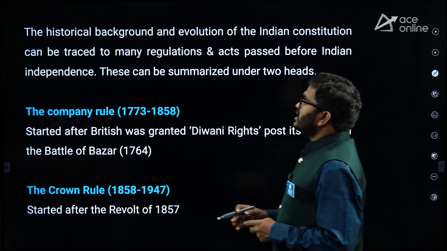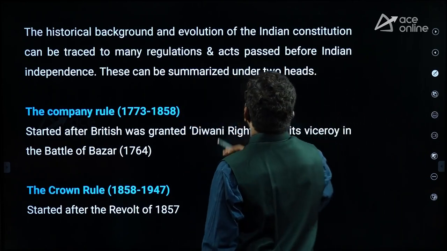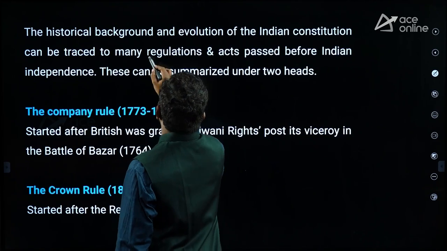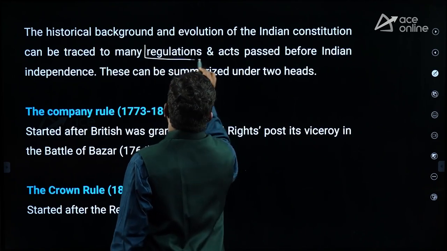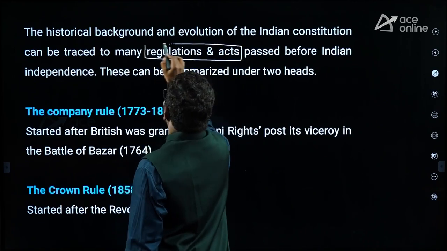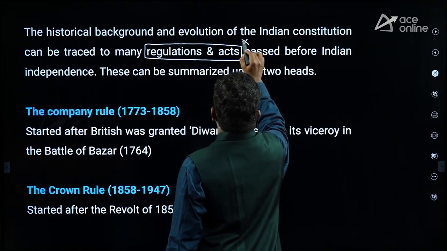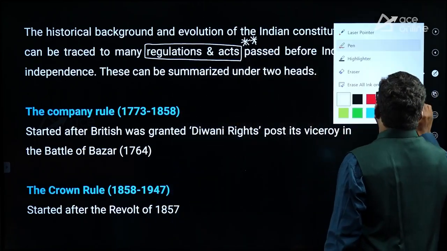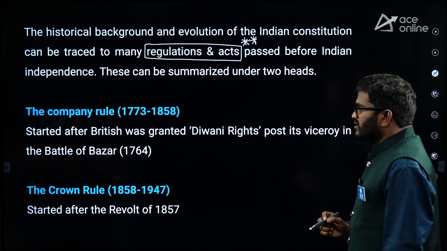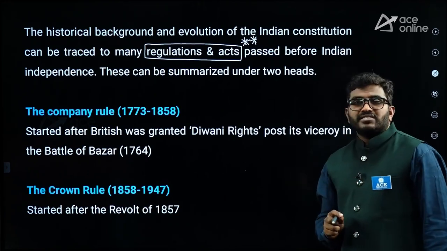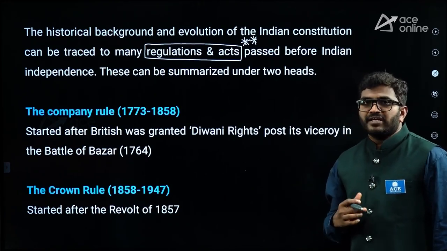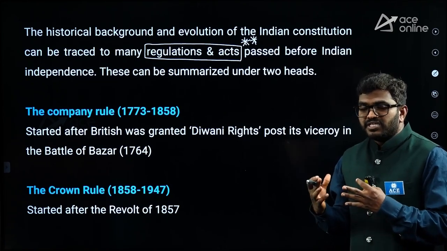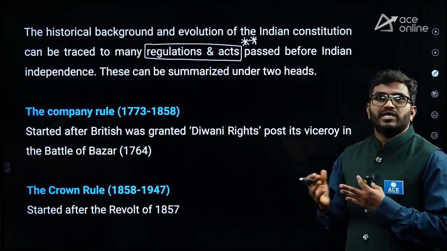The historical background and evolution of the Indian Constitution can be traced to many regulations and acts passed before independence. The British government passed so many regulations and acts, and from these the Constitution of India mostly evolved.